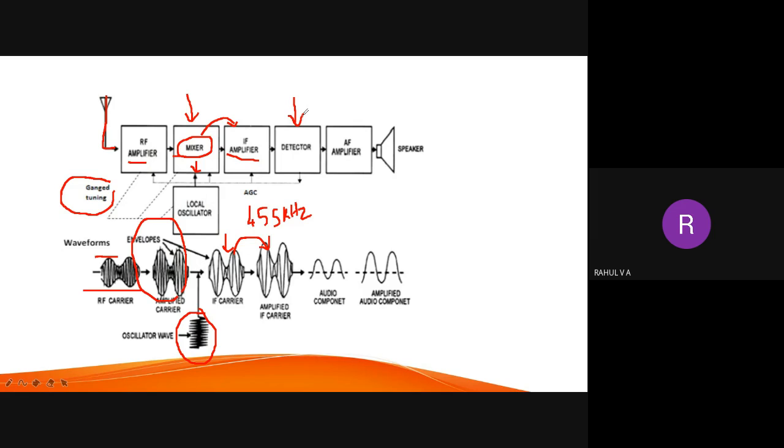The detector will remove the carrier wave so that you get the audio signal. Once you get the audio signal, you give it to the audio frequency amplifier so that the magnitude of the audio signal is amplified. Then with the help of a speaker, you can listen to the audio.